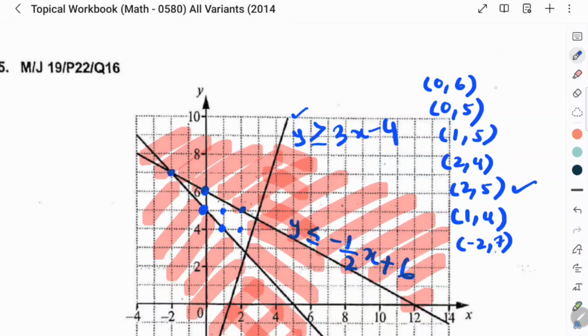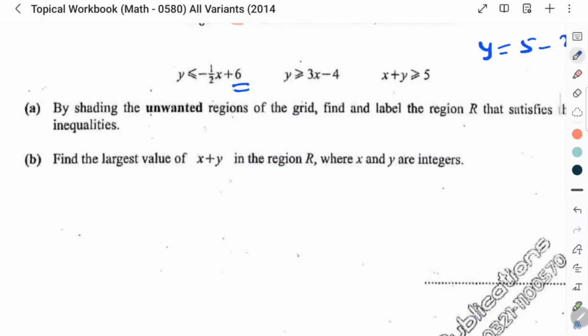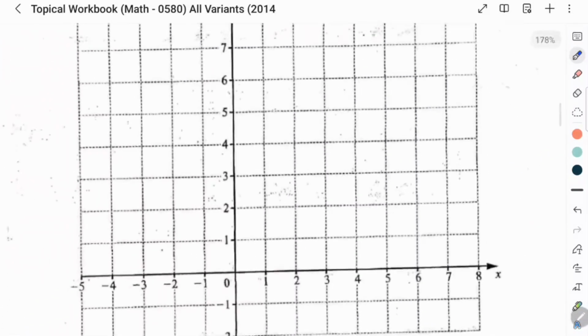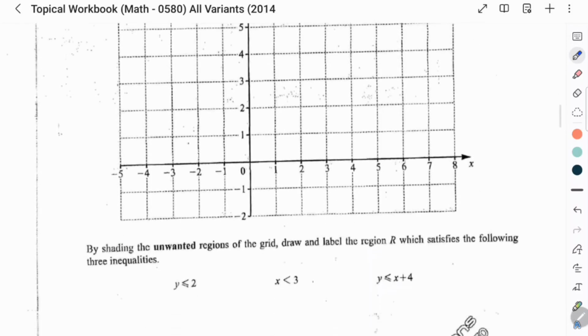So this is the greatest number, because this is 6, 5, 6, 6, but this is coming to 7, and 4 plus 1 is 5. So it means 7 is the answer. So for 2, 5, x plus y is equal to 2 plus 5 equals 7, which is the largest value. Now come to this question, which is May-June 2019 paper 2-3, question number 24.